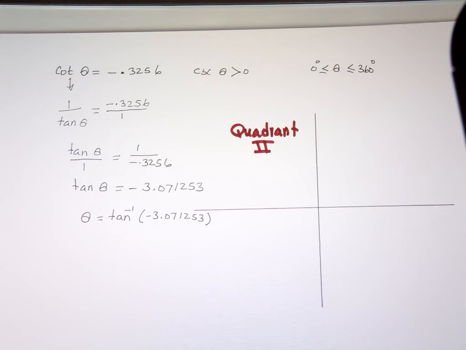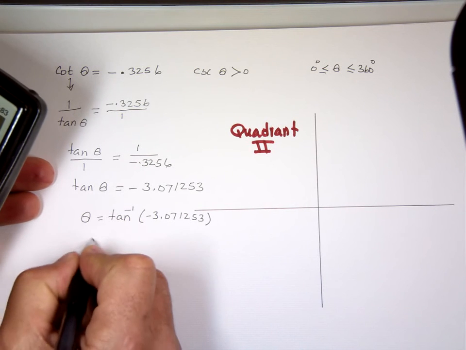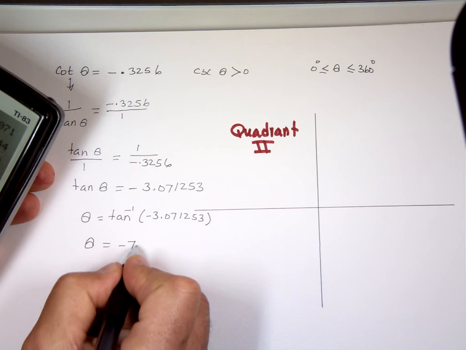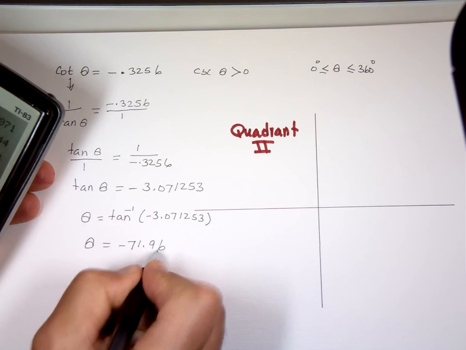Inverse tangent of negative 3.071253, and I came up with negative 71.96. So roughly negative 72 degrees.